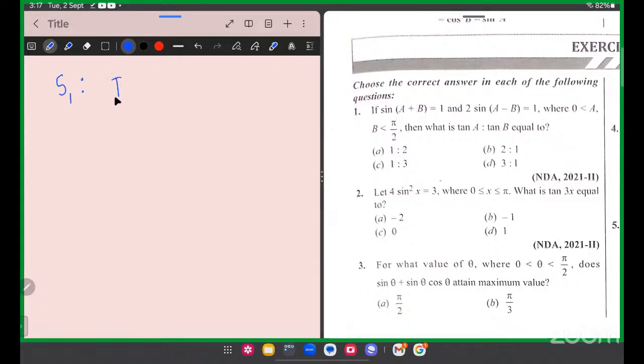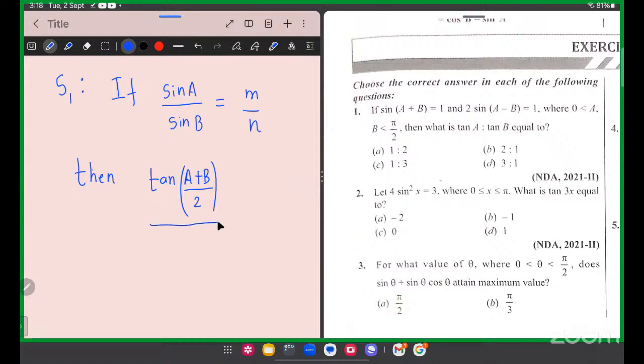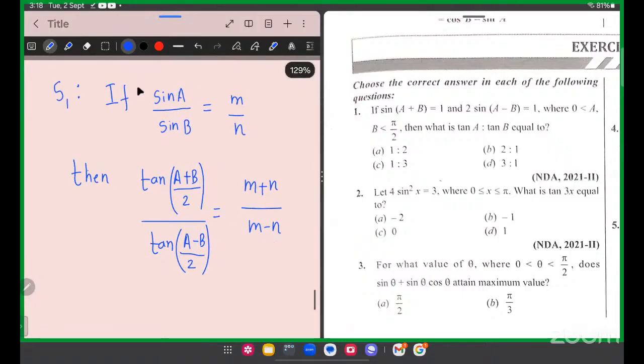See, if sine A divided by sine B is equal to m by n, then if you apply componendo and dividendo, you'll be getting tan of A plus B by 2 divided by tan of A minus B by 2 is equal to m plus n over m minus n. So this is the shortcut number one.